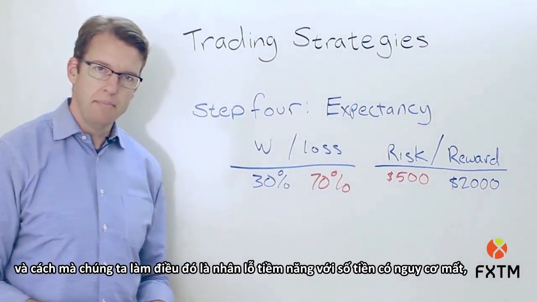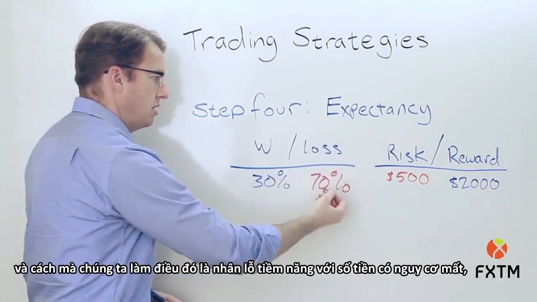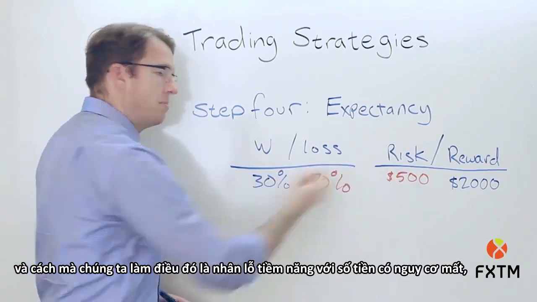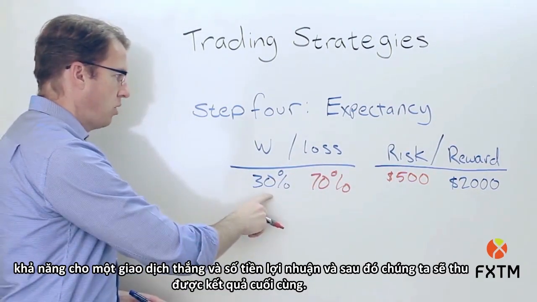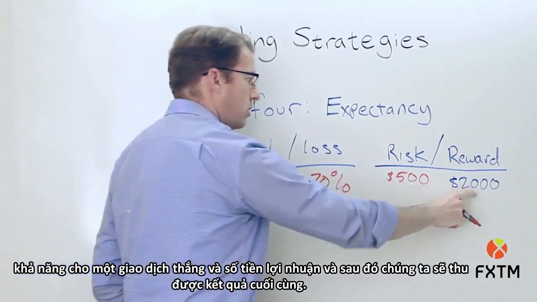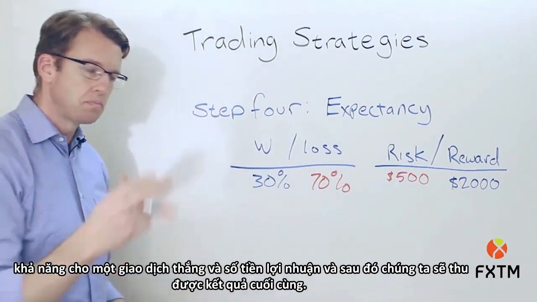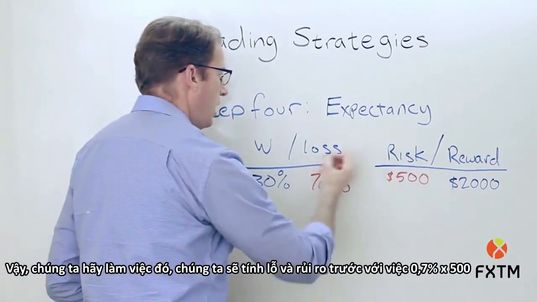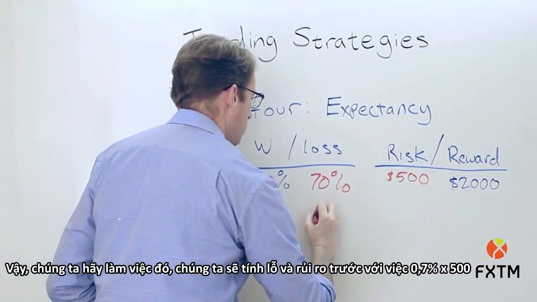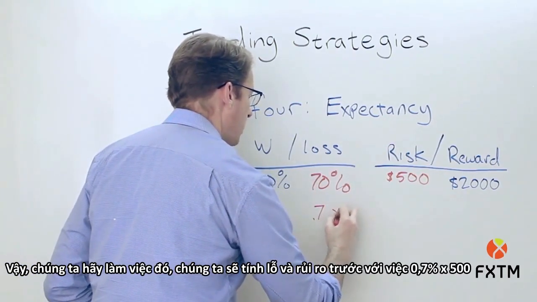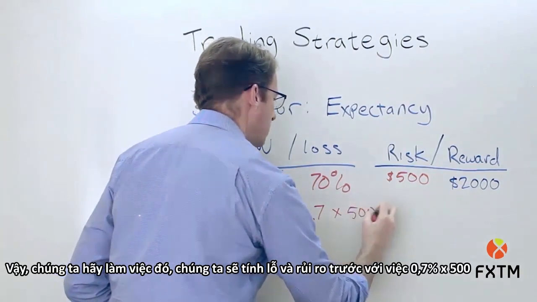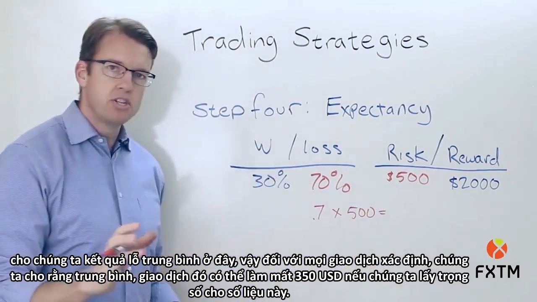The way that we do that is we multiply the potential loss by the amount at risk, and the potential for a winner by the amount of reward, and then we net those out. So let's do the loss and the risk first. 0.7 for 70% times 500 gives us an average loss.